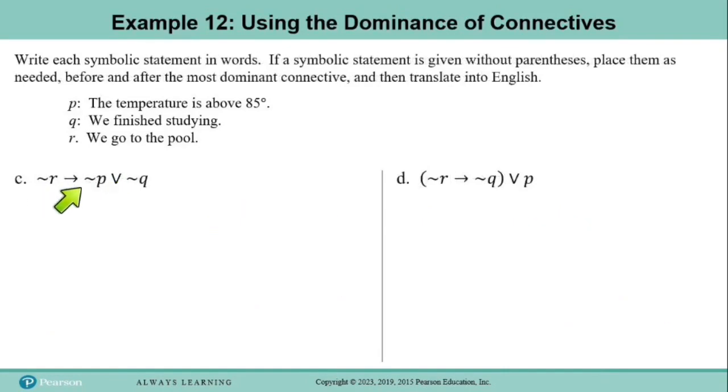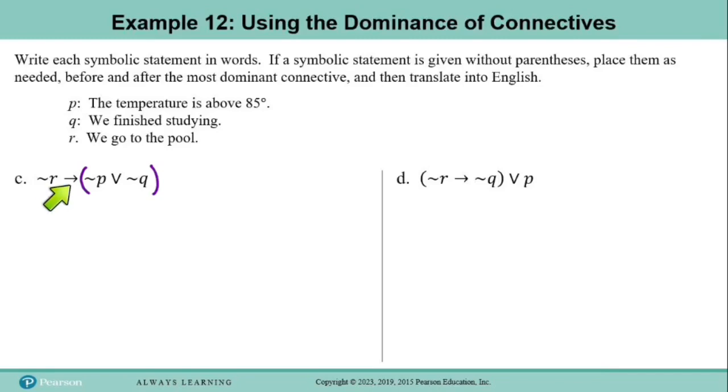Okay, part C has no parentheses, so we'll need to use our dominance of connectives here to do the grouping before we translate into English. And you can see that this is a conditional statement, so that looks like the most dominant connective. So I'm going to go ahead and put parentheses around the not P or not Q part of the statement. And now I believe we can translate into English.